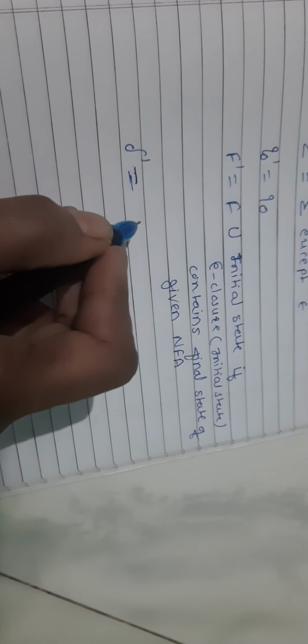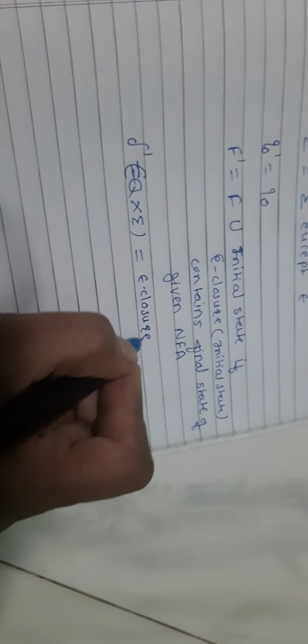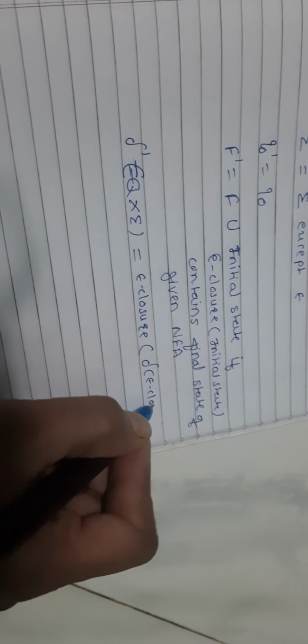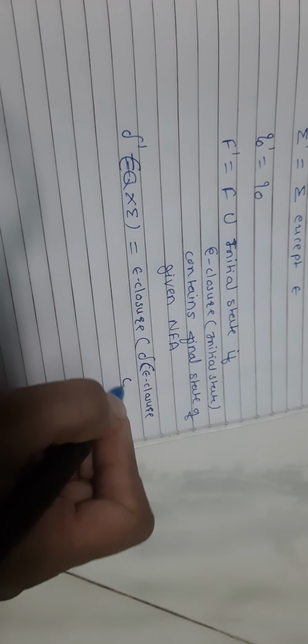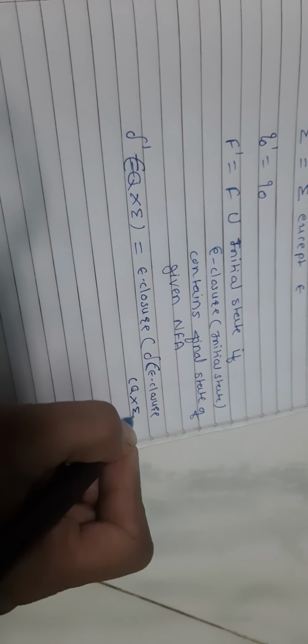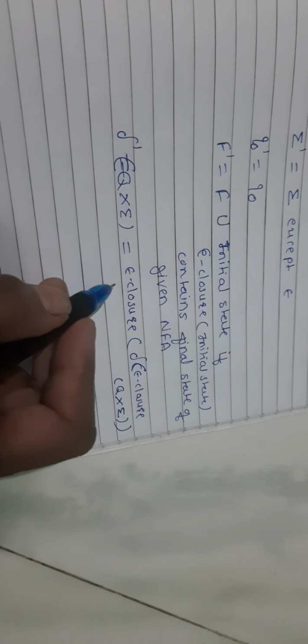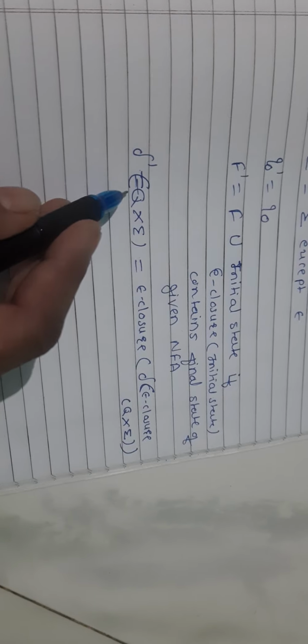Then delta dash can be obtained as delta dash of Q comma sigma is equal to epsilon closure of delta of epsilon closure of Q comma sigma. This way we can obtain the delta of the output NFA.